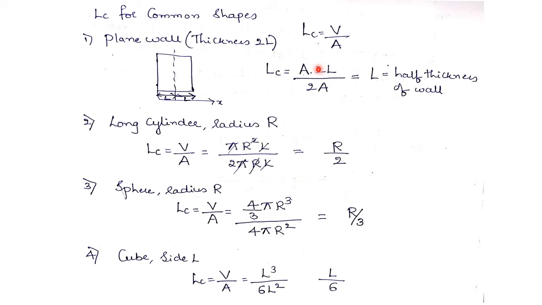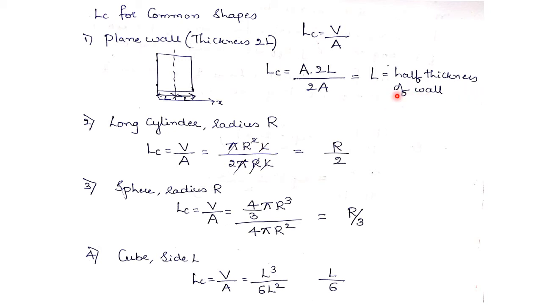This 2A gets cancelled, so the characteristic length LC will be equal to L for the plane slab, where L is half the thickness of the wall. In a problem, if the wall thickness is given as 6 mm, then L will be half the thickness, that is 3 mm.